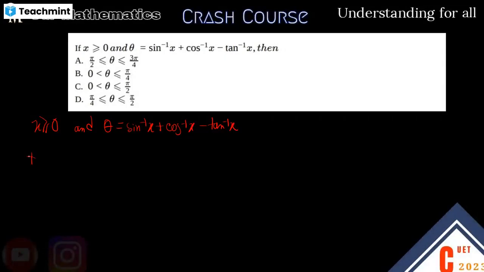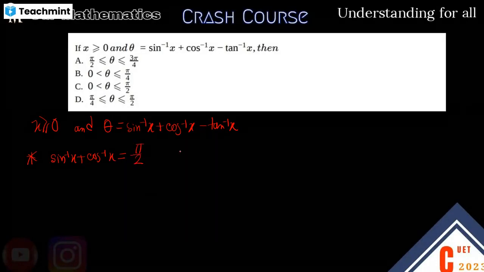Then from trigonometric identity, sin inverse x plus cos inverse x is equal to pi by 2, and tan inverse x is from the set of real numbers to minus pi by 2 to pi by 2, right?